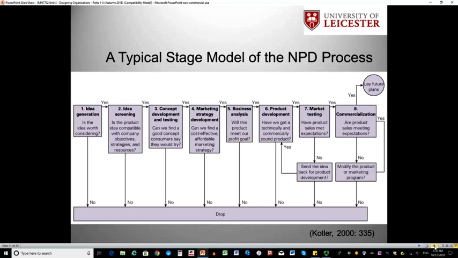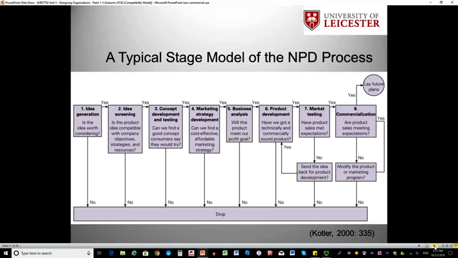At the second stage, the idea screening stage, you see that you start to ask questions about, is that idea compatible with the company's objectives, strategies and resources? If it isn't, you drop it. If it is, then you move on to the next stage. Can we develop a good concept? So what this model is trying to do is to identify a number of stages or activities or subroutines in the innovation process.